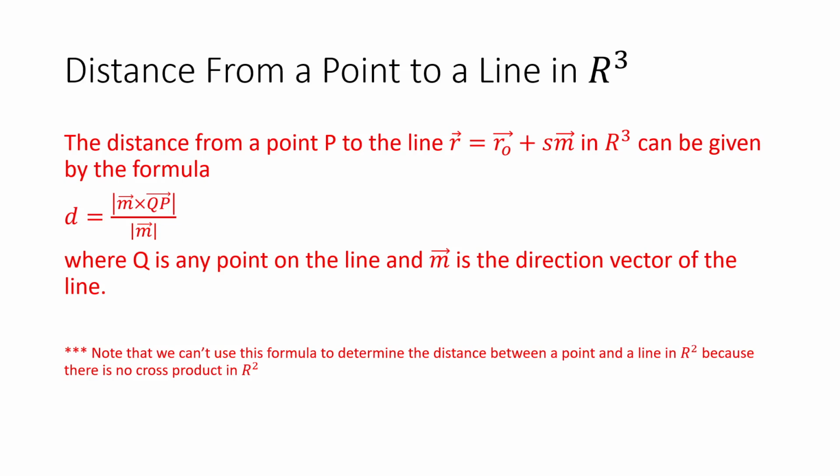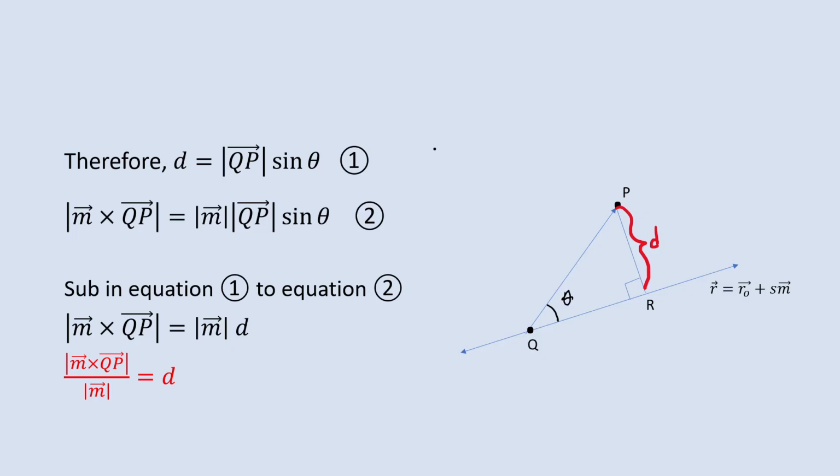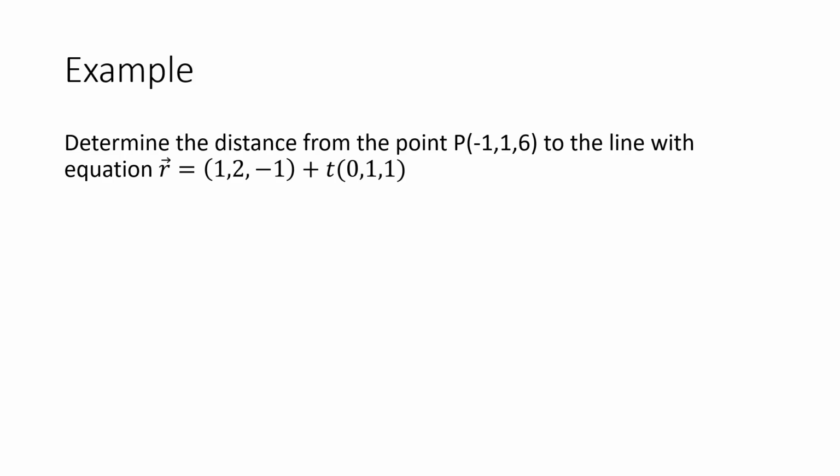That's the actual point given in the question. Now, notice you can't use that formula to determine the distance from a point to a line in R2, because in R2 there's no cross product. So we spend a few slides justifying this formula, and then we get into a practical example.